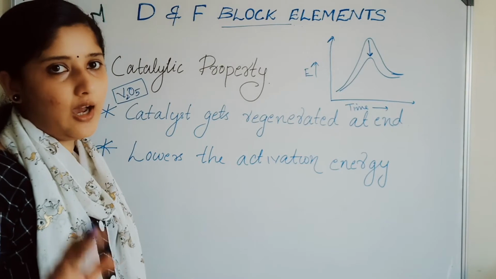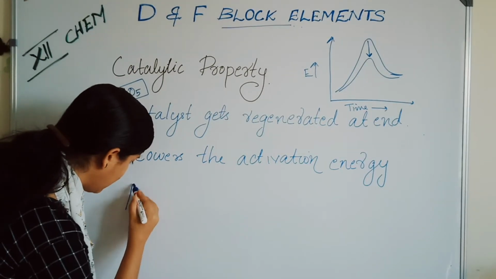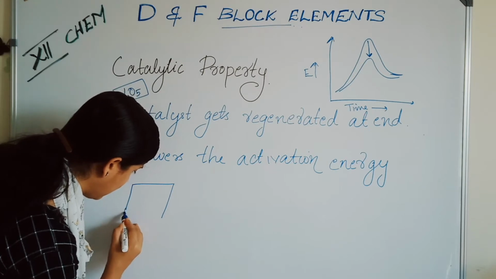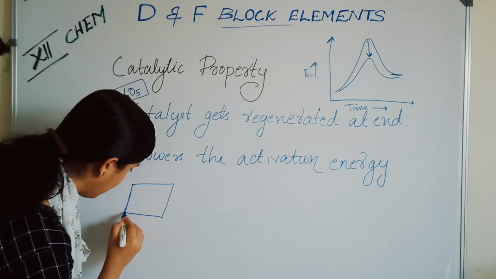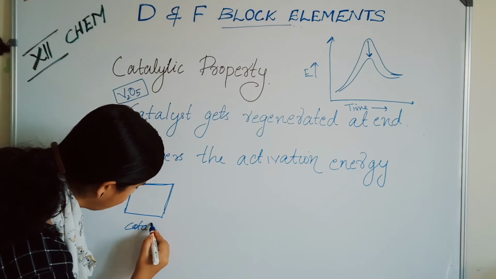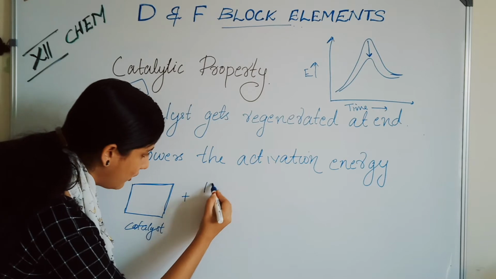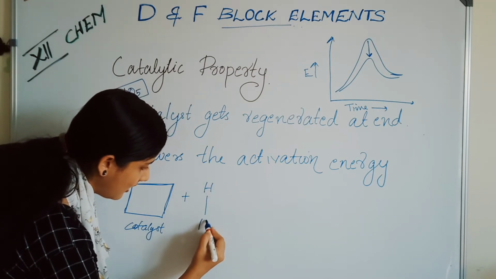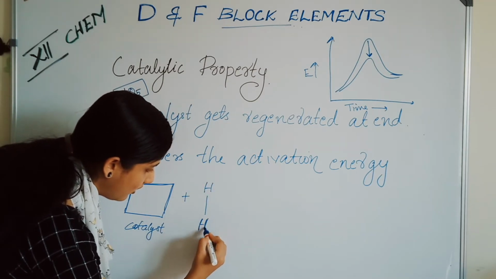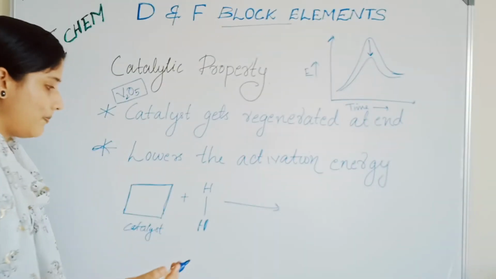Now look how a catalyst acts. Consider this as a catalyst on which there are many atoms. If there is a reacting molecule, consider this as a reacting molecule. We are going to study how a catalyst acts.